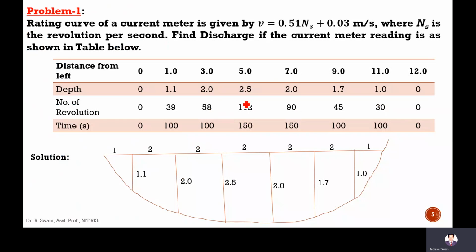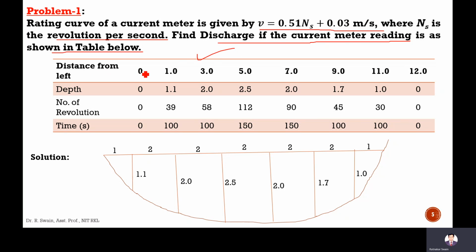Let's solve our problem. The rating curve of a current meter is given by this expression: V is equal to 0.51 ns plus 0.03 meter per second, where ns is the revolutions per second. Find the discharge if the current meter reading is as shown in the table below.